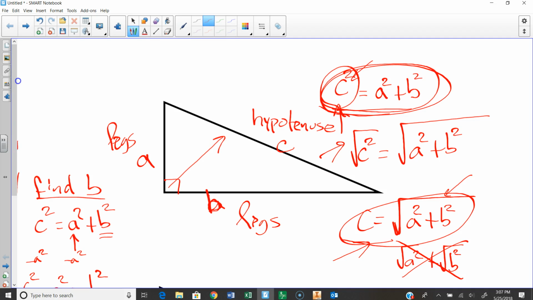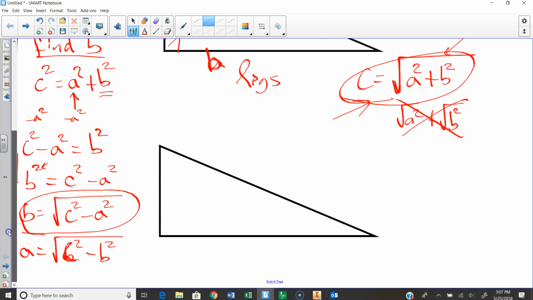So you can solve them explicitly. That means solving it without plugging in numbers, and then plug the numbers in. Or you can plug the numbers in and then do the problem. For example, here, let's just pick one that we already know. So let's say this is a 3 and this is a 5, and I want to know what side this is.